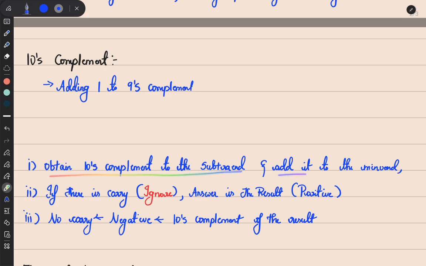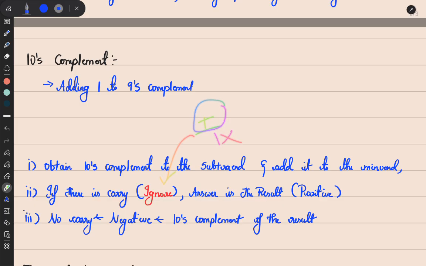This is done by first obtaining the tens complement of the subtrahend and adding it to the minuend. The same process, but here instead of 9's complement, we do the 10's complement and add it to the minuend. If there is a carry, we ignore it, and the answer is the result.